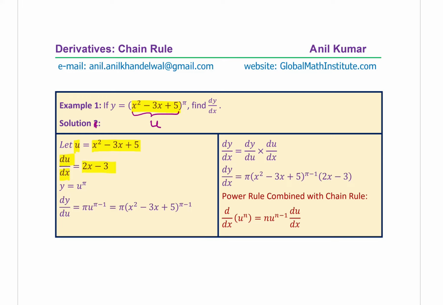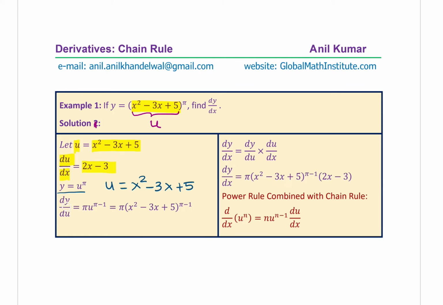Now, we know that y is equal to all this, and if the inside function is u, then we can write y as u to the power of pi, since we know that u is equal to x squared minus 3x plus 5, correct? So in short, y equals u to the power of pi.